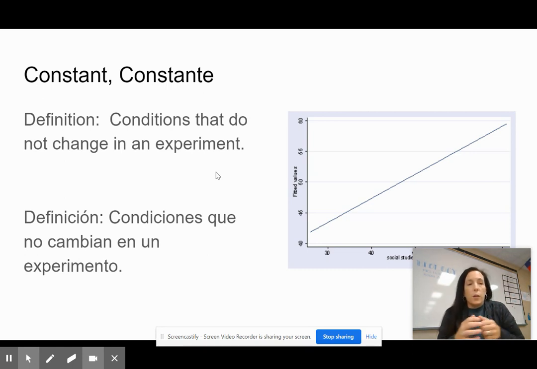One of the things I can't change is, like, one of the paper towels collects water, and one of them collects apple juice, and one of them collects milk. I have to keep those variables constant, since the brand of paper towel is what I'm measuring. Okay, I hope that makes sense. Everything else besides your independent and dependent variable has to stay constant, or the experiment's not a good experiment.